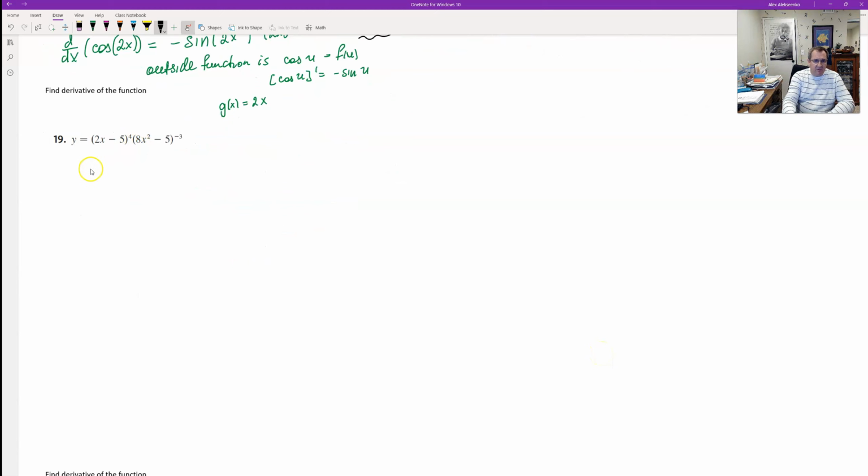Okay, so let's do this one last example. We would like to differentiate the product of two terms. The first term is 2x minus 5 raised to degree 4. And the second term is 8x squared minus 5 raised to degree negative 3. Well, the first rule to apply here is the product rule.